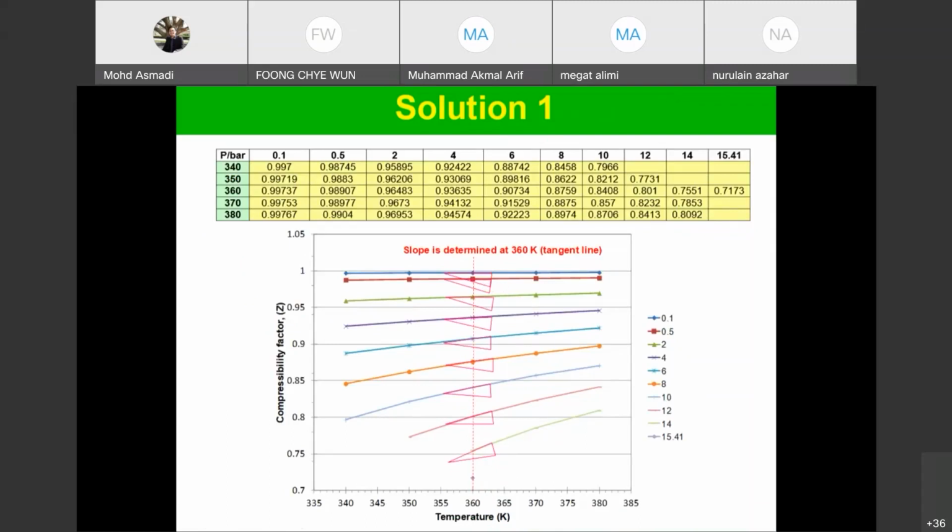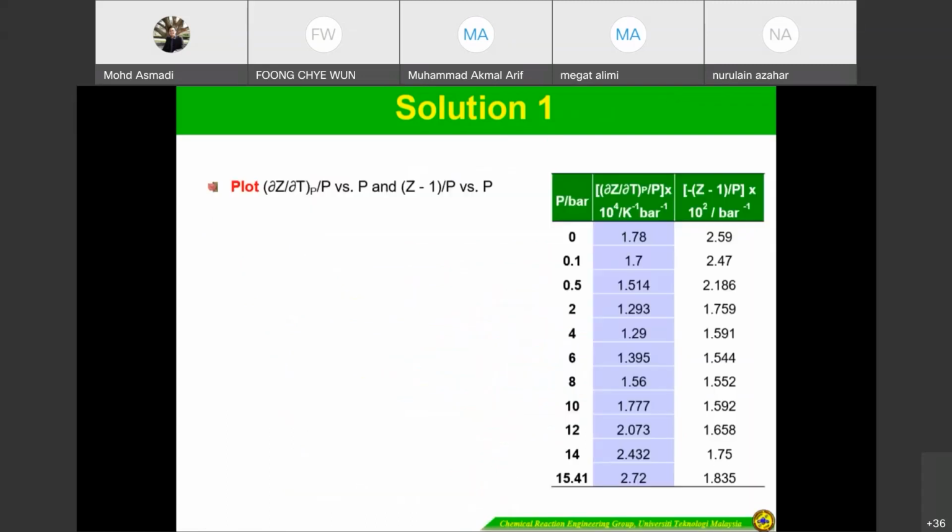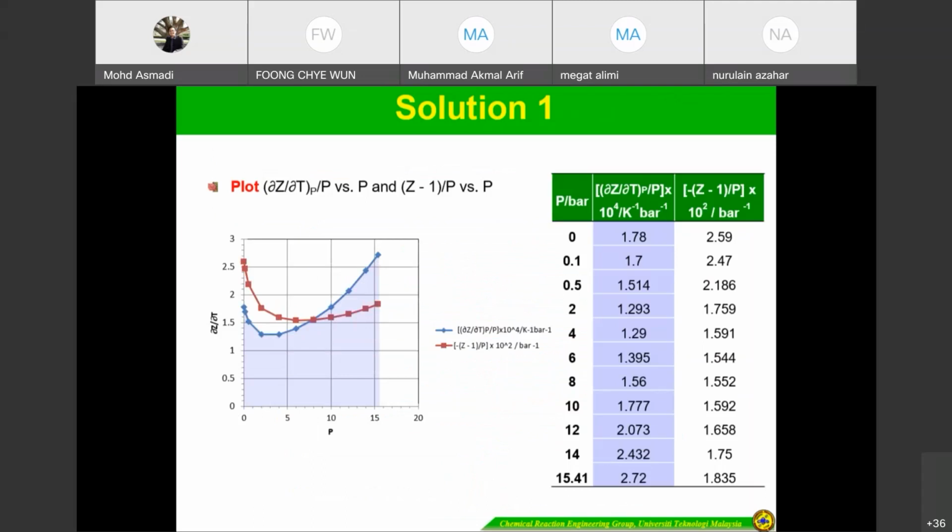And once you determine delta Z delta T divided by P, you have to calculate the area under this graph. This is for the blue one, and then for the red one.